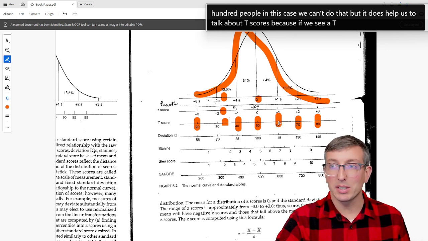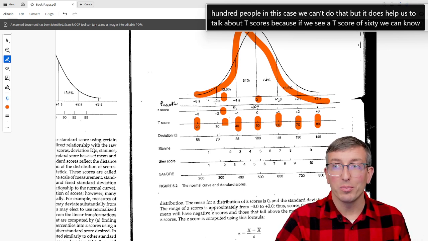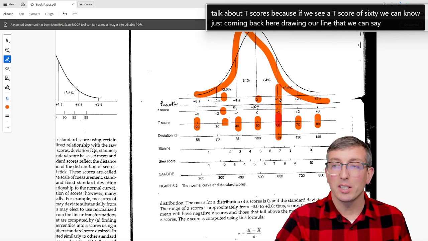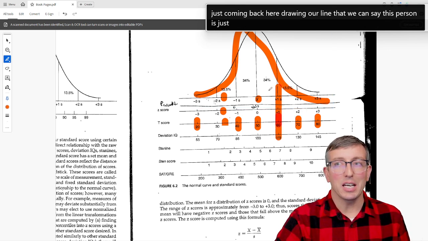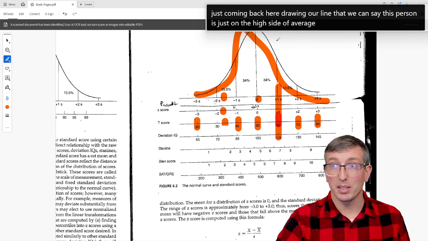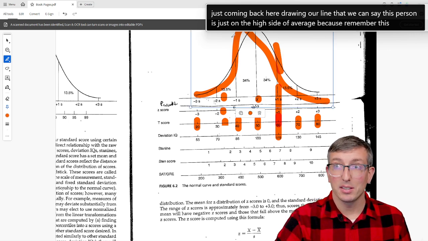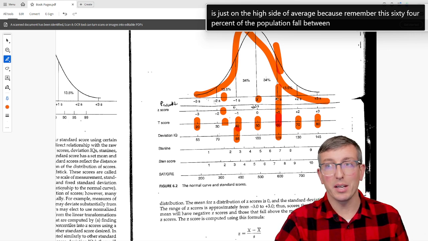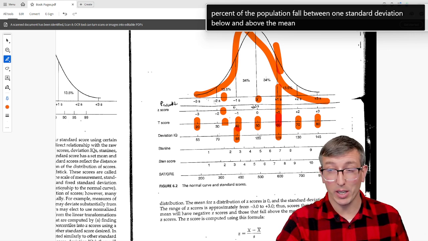Because if we see a t-score of 60, we can know, just coming back here, drawing our line, that this person is just on the high side of average, because remember, 68% of the population fall between 1 standard deviation below and above the mean, right?